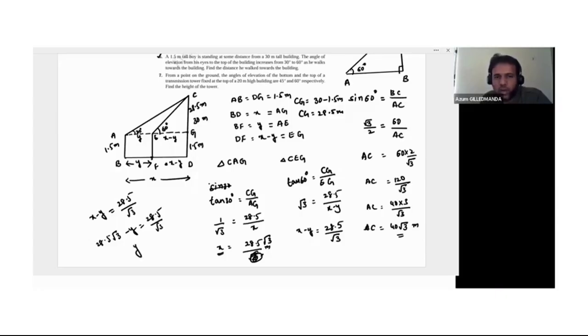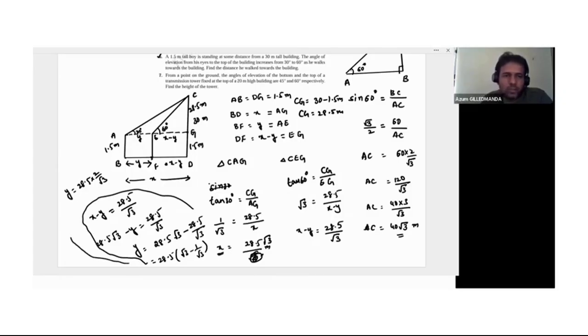So then Y becomes 28.5 into root 3 minus 28.5 by root 3. So I can take 28.5 as common. So this becomes root 3 minus 1 by root 3. If I take root 3 as LCM, then this becomes 3 minus 1 at the numerator. So that is 2 by root 3. So this Y value becomes 28.5 into 2 by root 3.